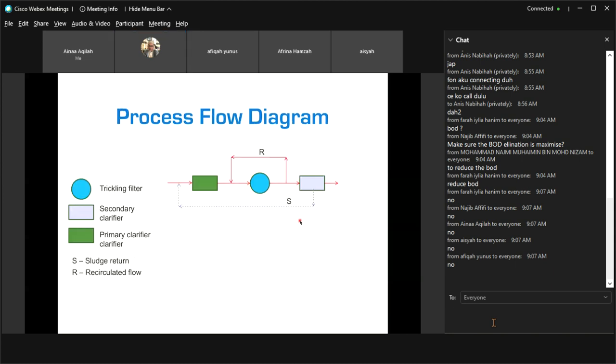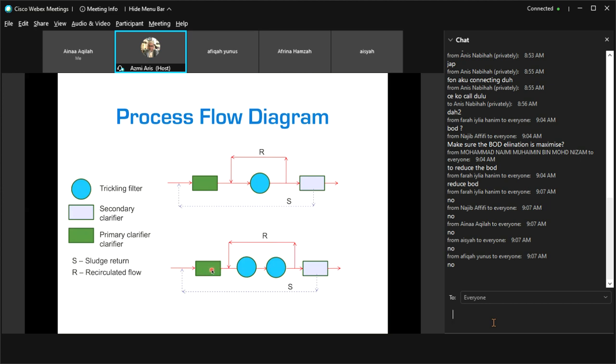Okay, so this is the process flow diagram again from a different perspective. We recycle the wastewater as I mentioned just now, or sometimes in the system they have two trickling filters working in series. This is from the primary clarifier.